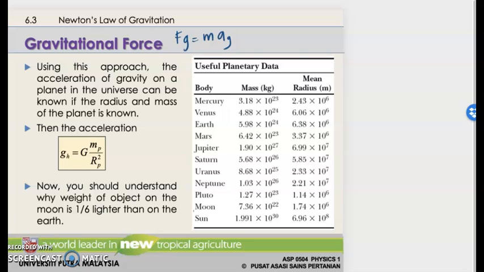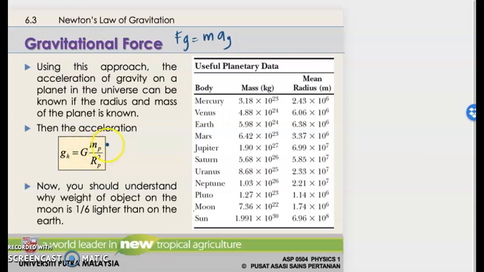Okay, so using this approach, the acceleration of gravity on any planet in the universe can be known if the radius and mass of the planet are known. Then the acceleration is given by g equals G, the universal gravitational constant, times the mass of the planet over the radius of the planet squared.